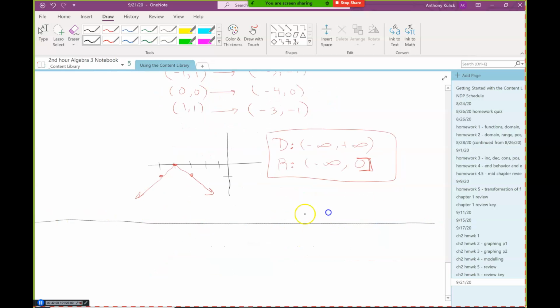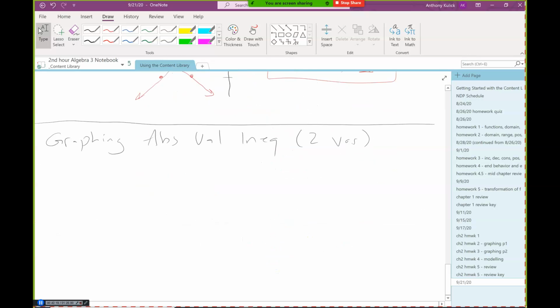It's going to be graphing absolute value inequalities in two variables. Now I put the two variables part at the end to differentiate this from when we graphed an inequality on the number line like we did in the previous section.